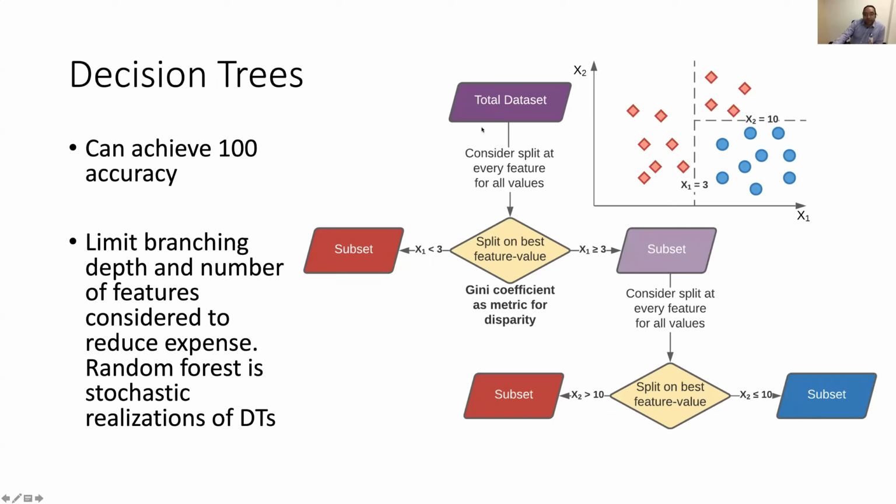Just to recap, what a decision tree does is take your entire data set and consider splitting on your variables at a cutoff point, trying to maximize the disparity between those two groups that it split, right? And then if all the members of that split were all the same class, then your job's done. You've classified it.